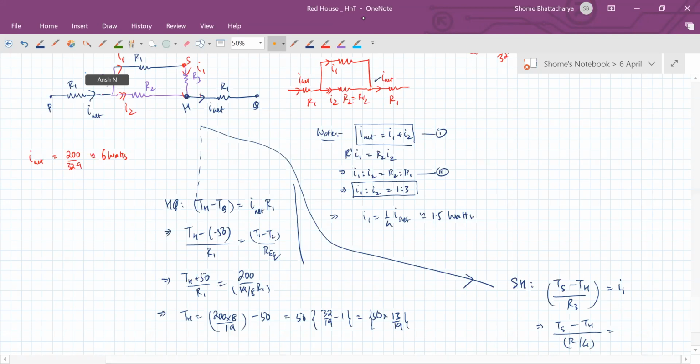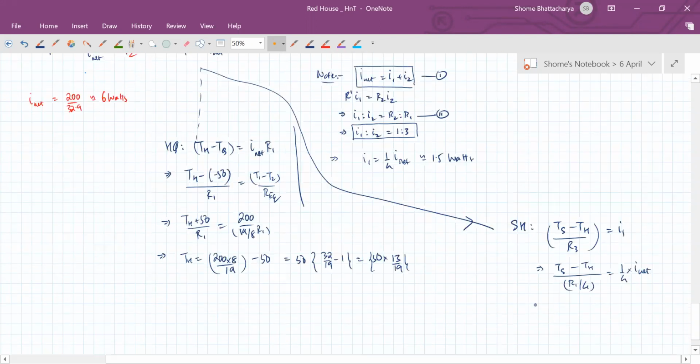Okay. Now I1 is how much? I1 is from above 1/4 of I net. And I net we just saw is 200 divided by 19 by 8 times R1.